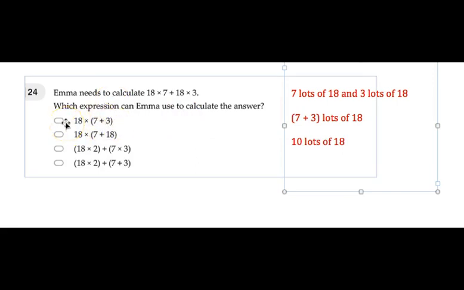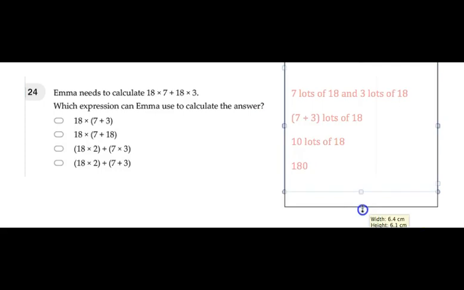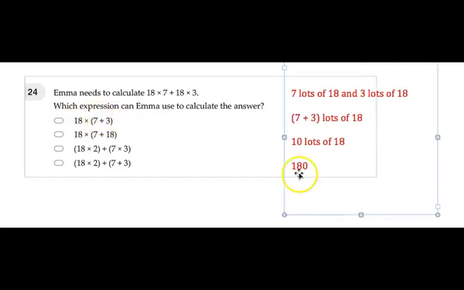Now, this is a calculator section of the paper. The other thing you can do, if you're not sure, is on your calculator you can do 18 times 7 plus 18 times 3, and you will get an answer of 180. If you then put this first expression into your calculator, you'll also get 180, okay?